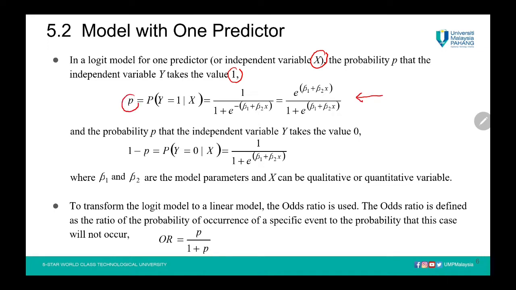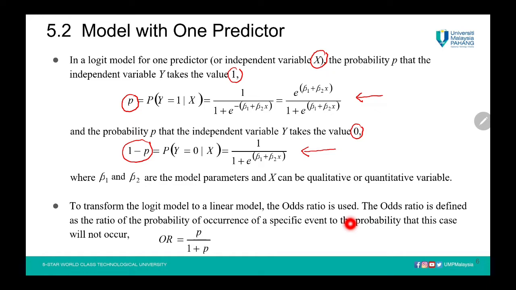This is in terms of the P model, and the probability that the dependent variable Y takes the value of 0 is given by this equation, where this one is for 1 minus P.